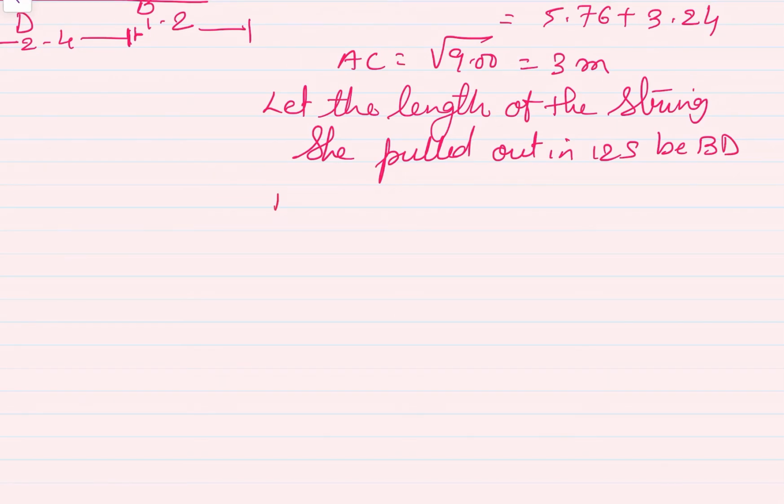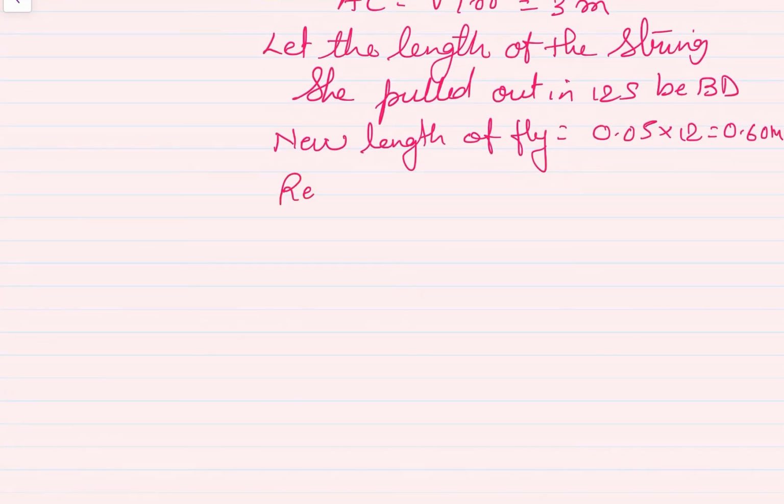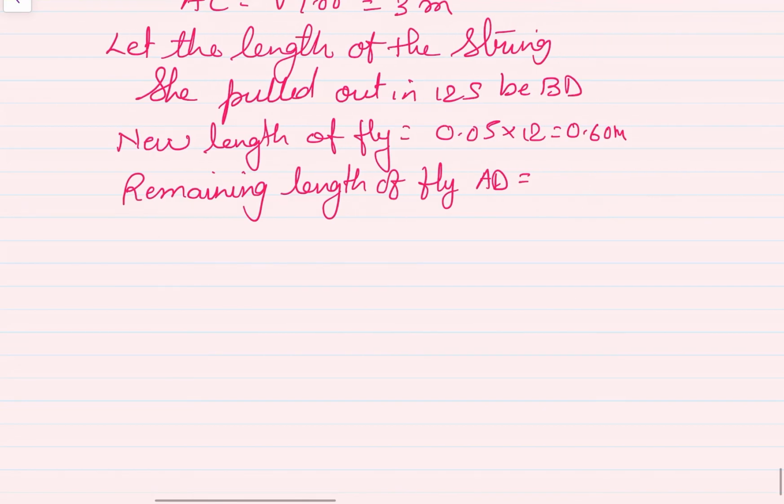Then the new length of the fly is equal to 0.05 into 12, which is equal to 0.60 meters. Now the remaining length of the string AD will be equal to 3 minus 0.60, that is 2.4 meters.